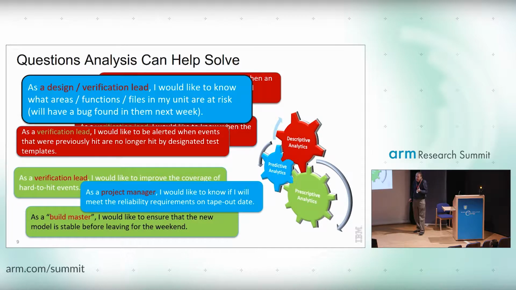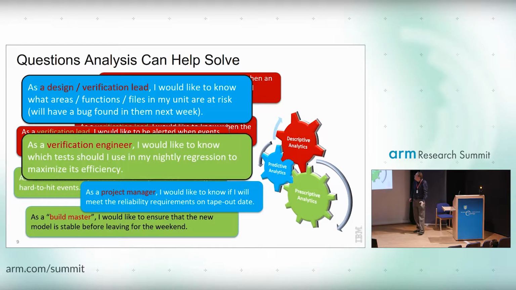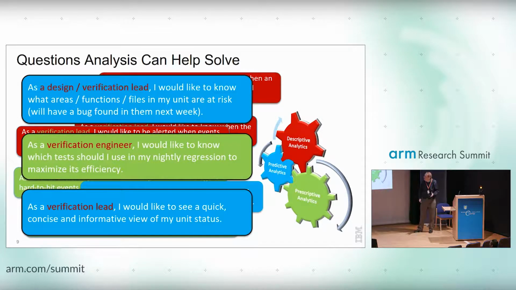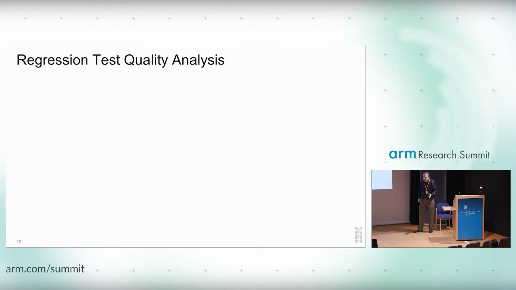And by at risk, I mean I will find a bug in them in the next week or in the next few days. A second question is, as a verification engineer, I would like to know which tests I should use in my nightly regression to maximize the efficiency. And the third question is, as a verification lead, I would like to see a quick and concise informative view of the status of my unit.